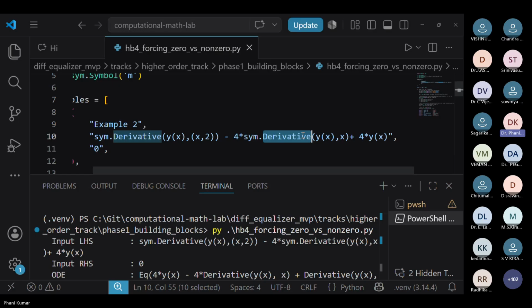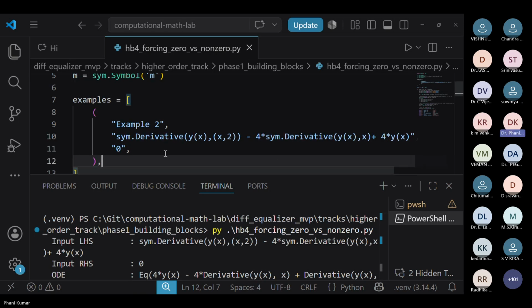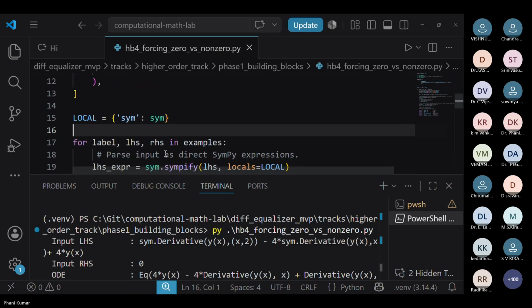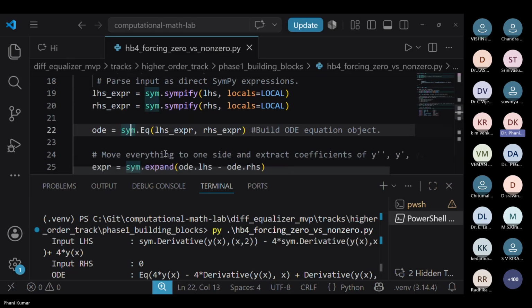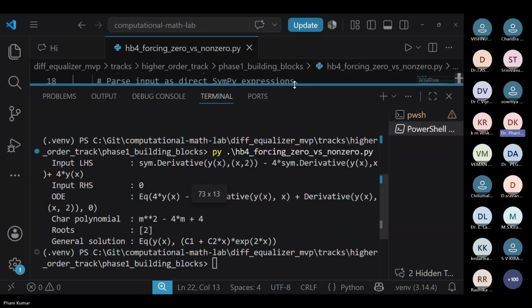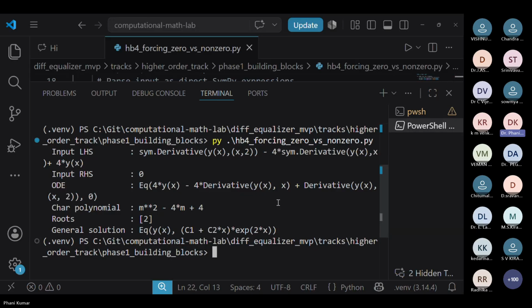Then come down. So if you run this program, then see the output. See here. So what is the characteristic polynomial? M square minus 4m plus 4. See here.